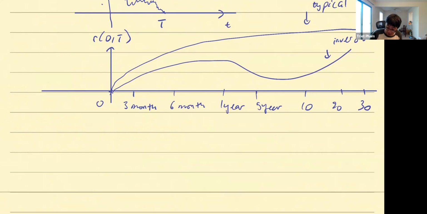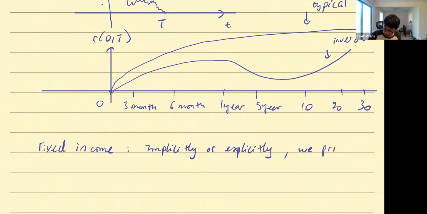So when you work in fixed income, implicitly or explicitly, we price all the B(t,T) for different T's.